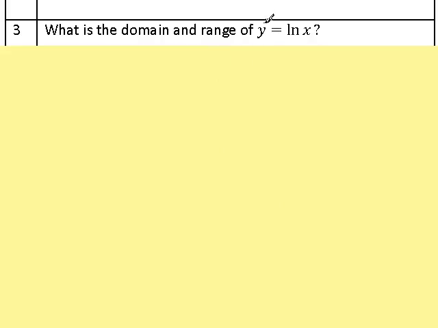I'll do a quick sketch of y equal ln x so we can see what the domain and the range are. So y equal ln x looks basically like this. Let me mention ln 1 is equal to 0 because e to the 0 is 1. So ln x goes through 1 comma 0.